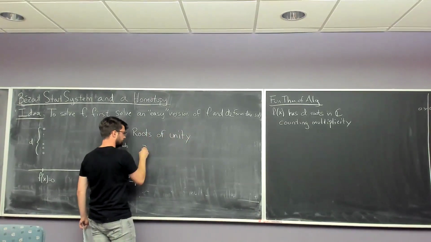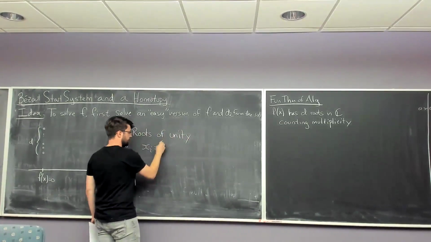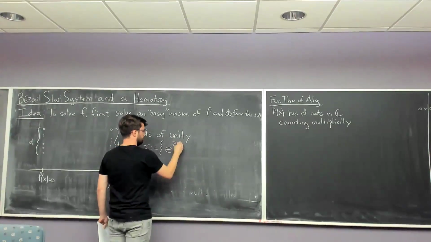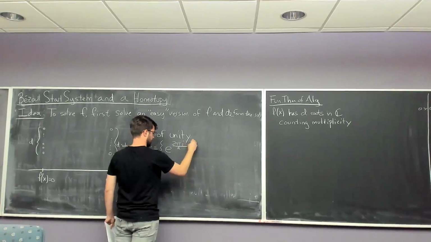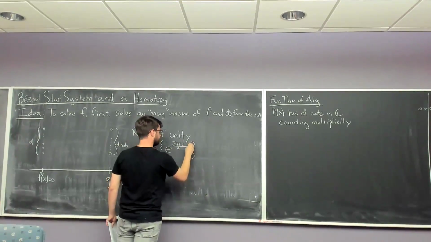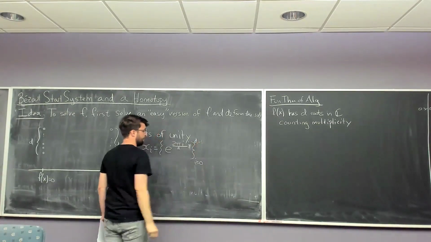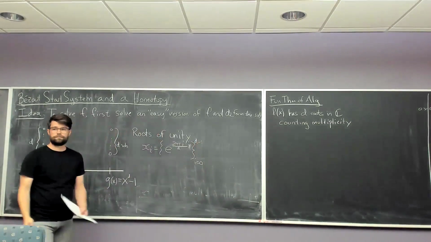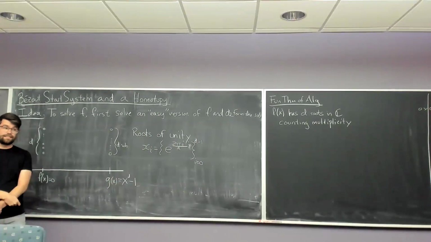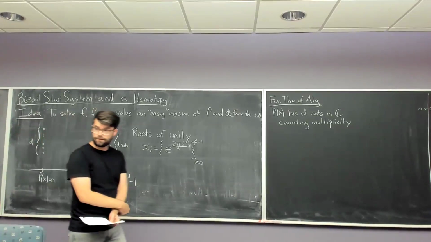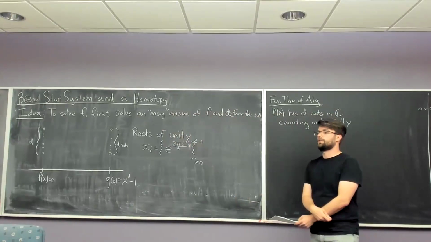So the kth solution is e to the 2 pi i over d times k, where k goes from 0 to d minus 1. They form the vertices of a regular d-gon in the complex plane, centered at the origin, with one of those vertices being 1.